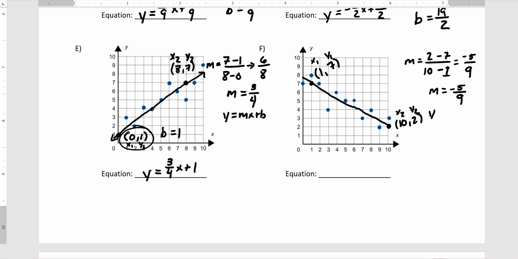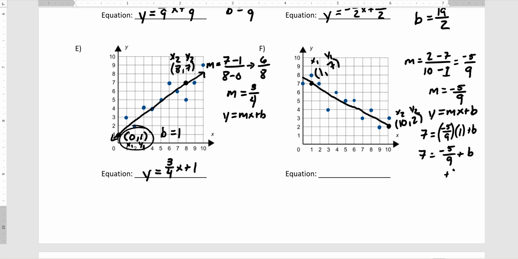Gross. So now I'm going to use the equation y equals mx plus b. I'm going to use this point here, 1, 7. I don't have a y-intercept that I can really approximate. So I will say y, 7, equals m, negative 5 ninths, times x, 1, plus b. So that means 7 is negative 5 ninths plus b, because negative 5 ninths times 1 is just negative 5 ninths.